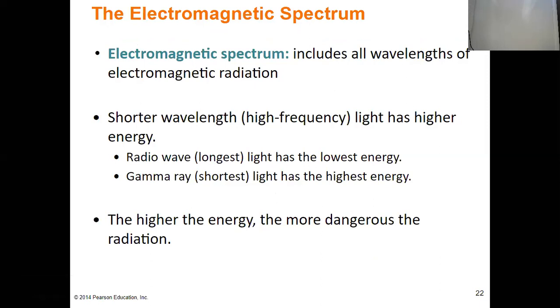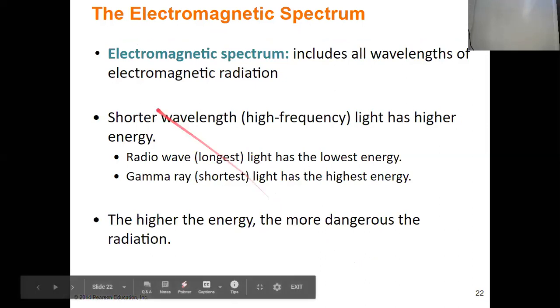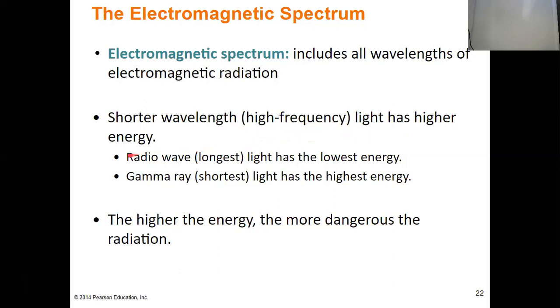When we're talking about the electromagnetic spectrum, that's going to include every wavelength, from the longest wavelengths to the shortest. And on both ends of that spectrum, there is a lot of radiation that we do not see. We can only see a very small amount of the electromagnetic spectrum. The shorter wavelength light, which has the very high frequencies, has a higher energy.